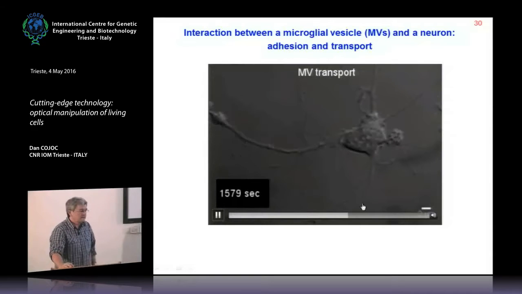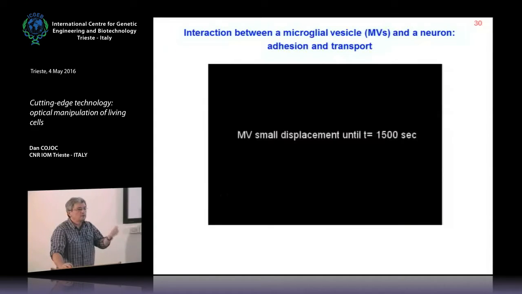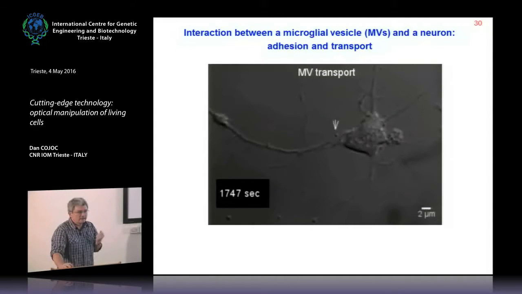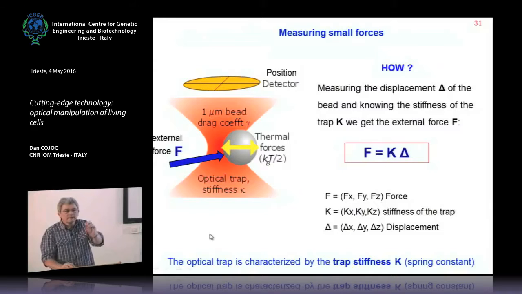A lot of other investigations are necessary to understand why, what the mechanism of this movement is, what the mechanism of interaction is, what the mechanism of endocytosis is, because they disappear and are absorbed by the cell. But this is a small part of the work.